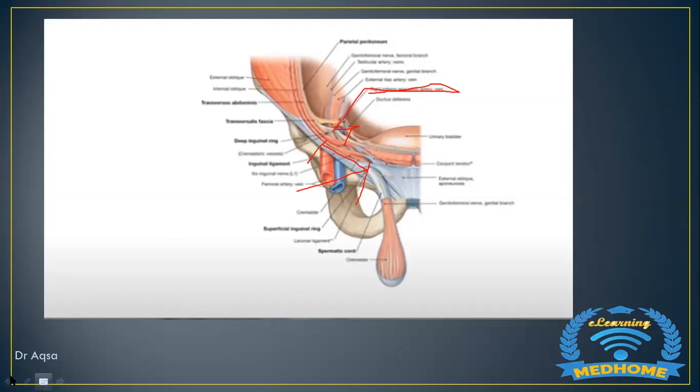If you look here, the superficial inguinal ring lies medial because the pubic tubercle is lying here. So that is why it is medial in relationship to the pubic tubercle. This whole area is going to be the pubic tubercle, and the superficial inguinal ring is medial to it.